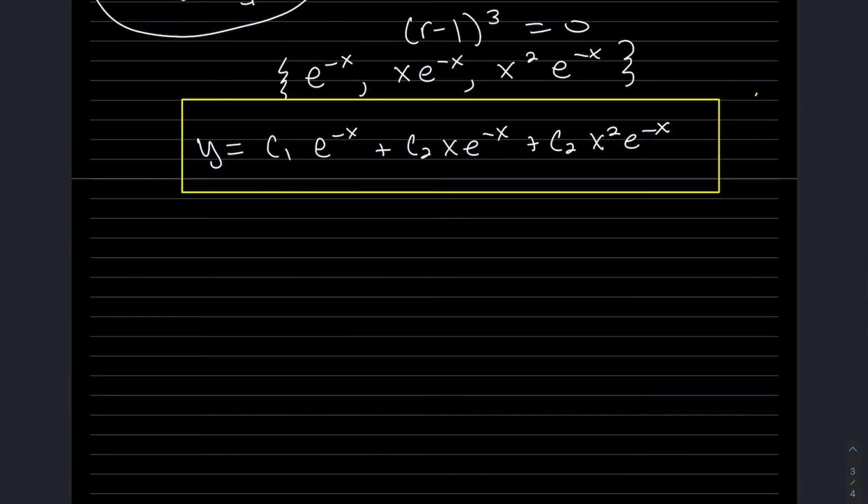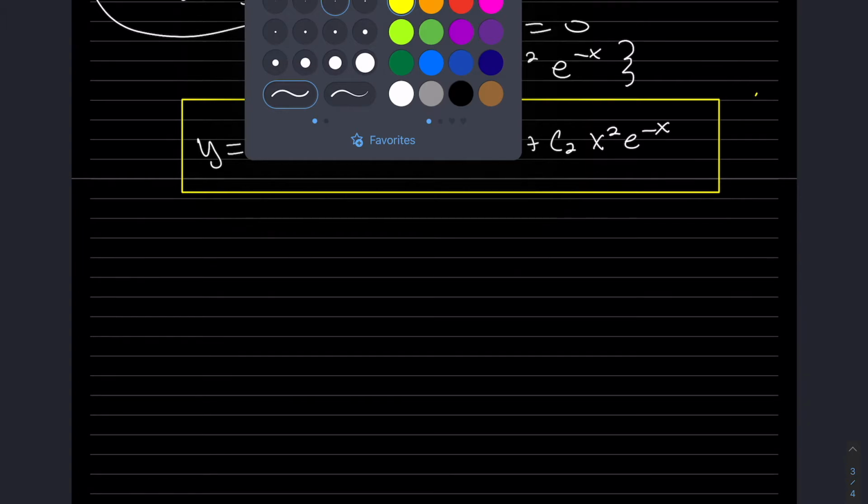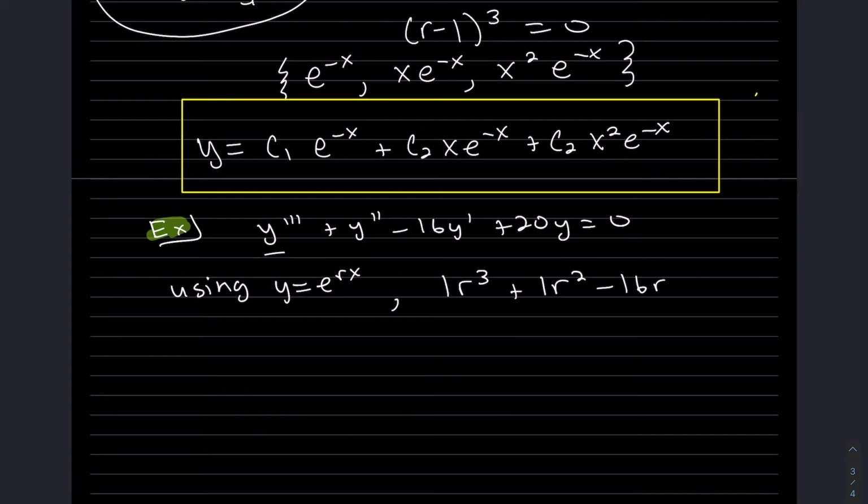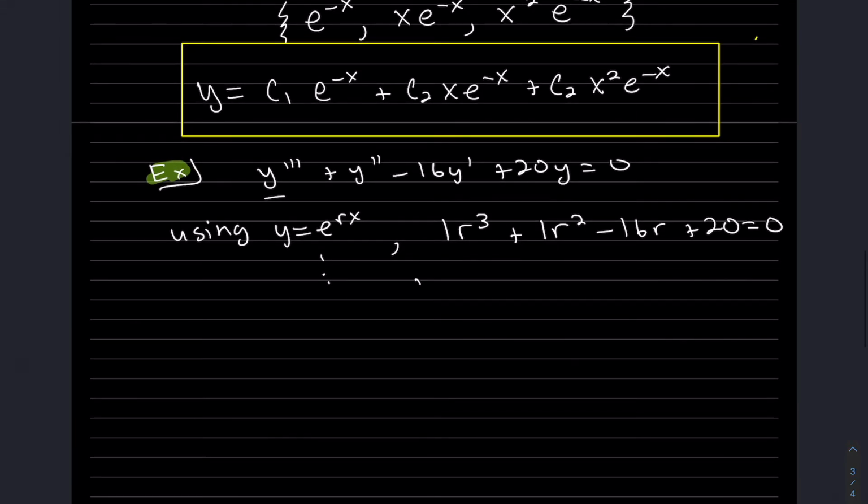Let's do another example. So here we'll get 1r to the third plus 1r squared, minus r plus 20 equals 0. Plugging it all in and factoring it out. So synthetic division.